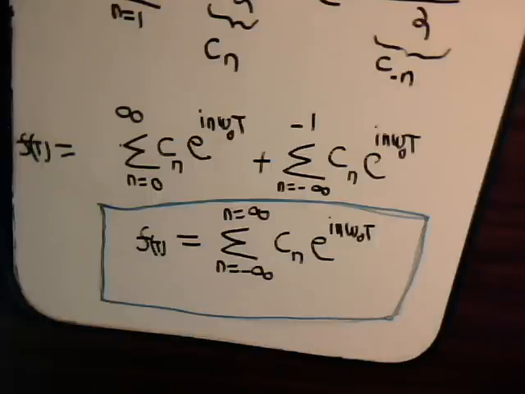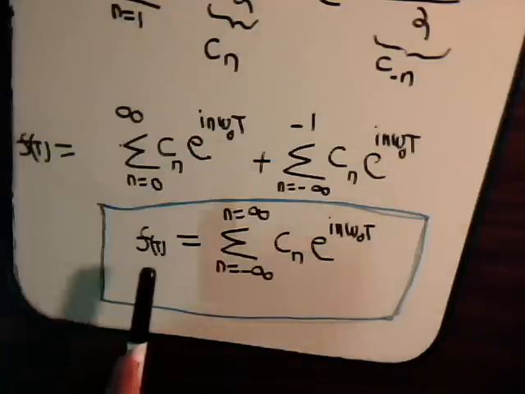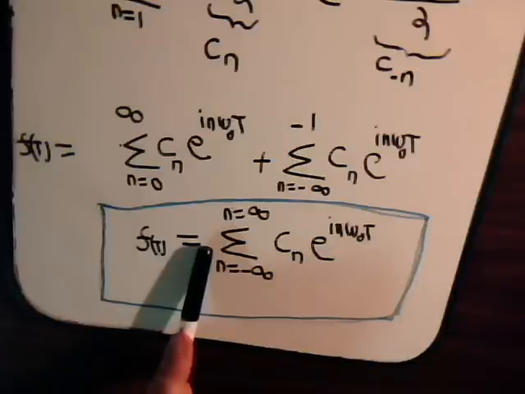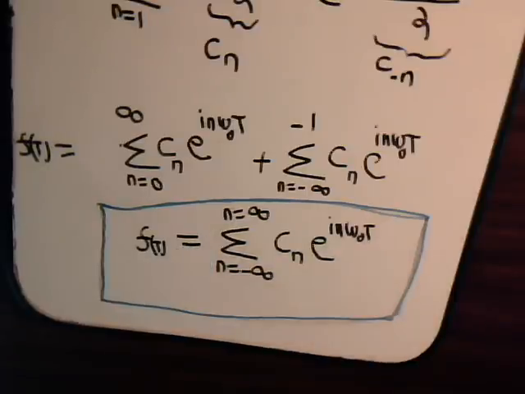Another thing that we want to point out is sometimes you'll see it written where c0 is out here. We can just make some room to show that.